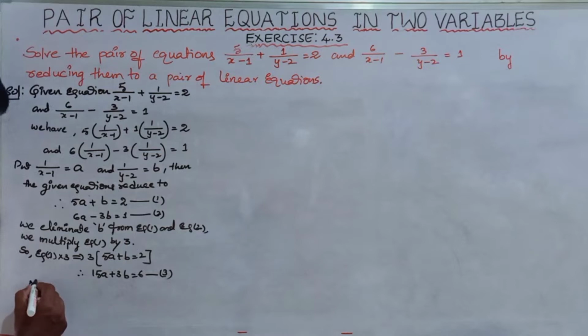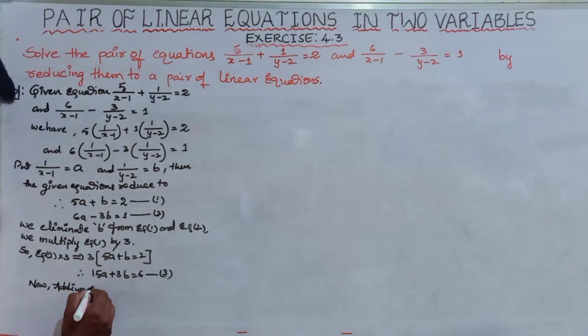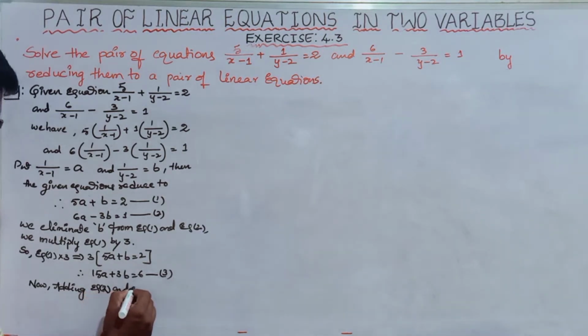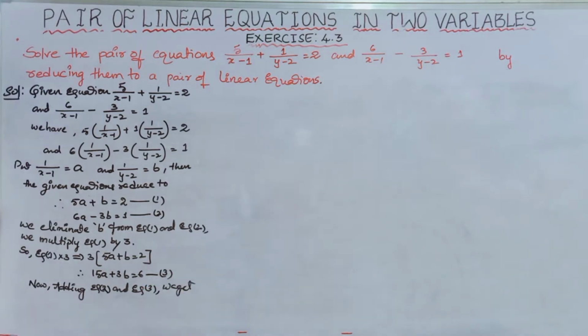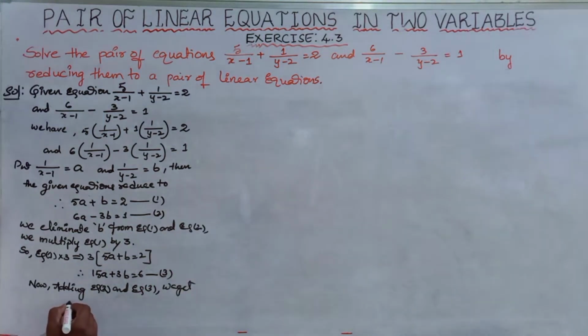Now adding equation 2 and equation 3, we get 6a minus 3b is equal to 1 and 15a plus 3b is equal to 6.